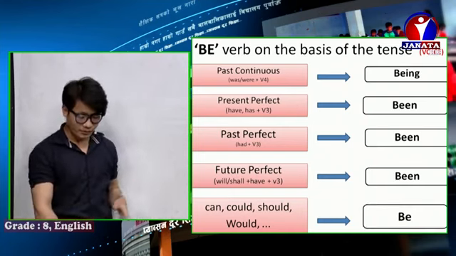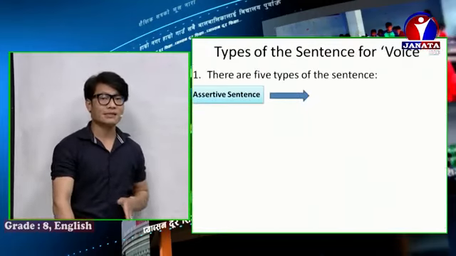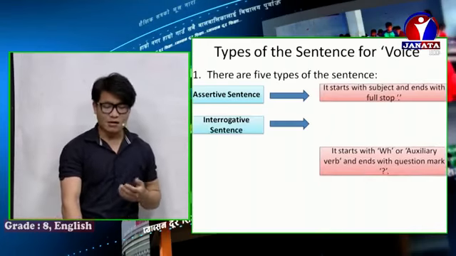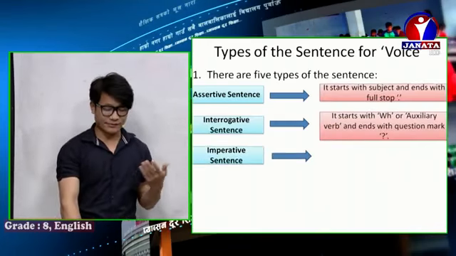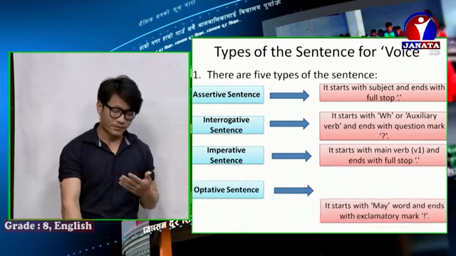We also discussed the types of sentence. We have 5 types: assertive, interrogative, imperative, optative, and exclamatory.